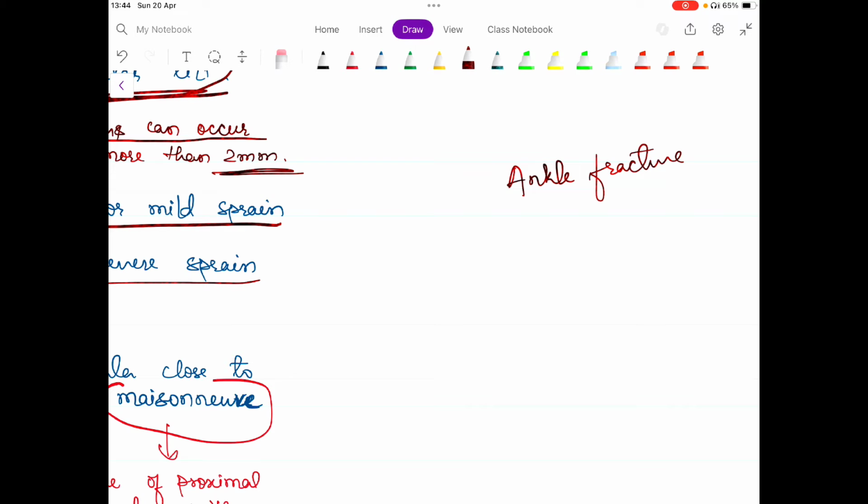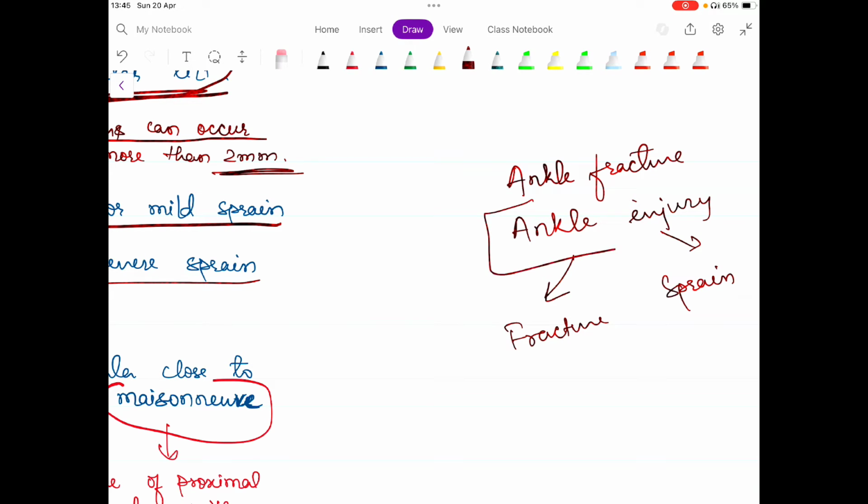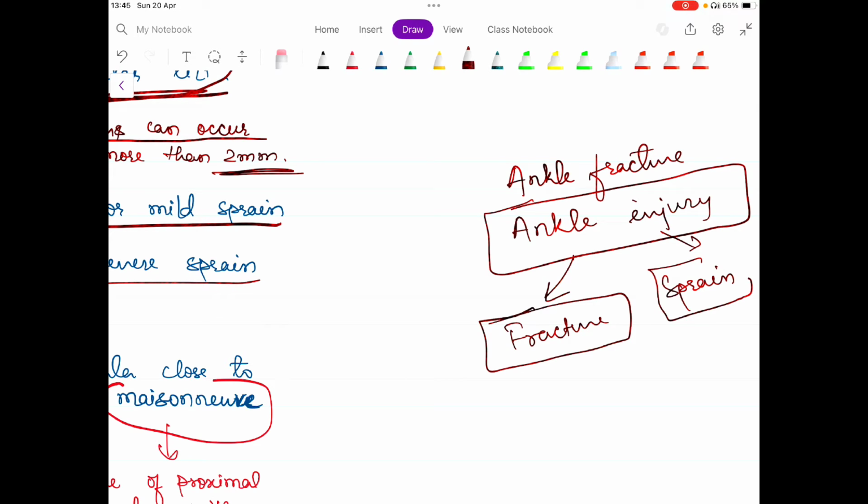Now, to sum up all the three videos that I have uploaded till now, including this one. If you talk about ankle injury, it can be divided into two parts. The first one is fracture, and the second one is sprain. The previous video was on ankle injury, discussing the types of injury that can occur in the ankle, and then the fracture.